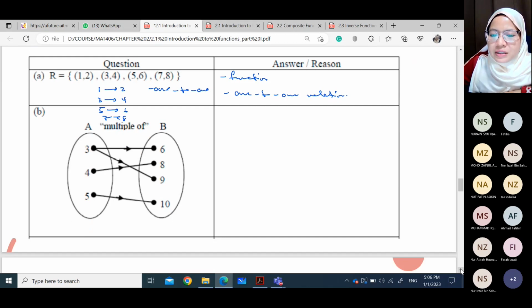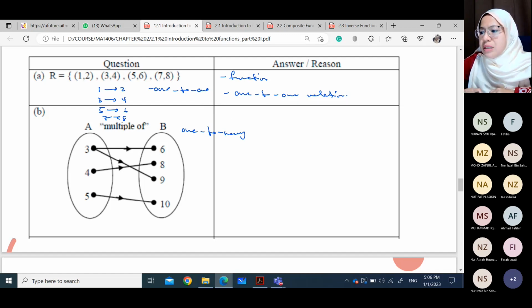Like that. Okay, if we look at B, we have two sets, A and B. In A, we have 3, 4, 5, and in B, 6, 8, 9, 10. Based on this arrow diagram, we identified that this relation is 1-to-many. The object 3 is mapping to two images.